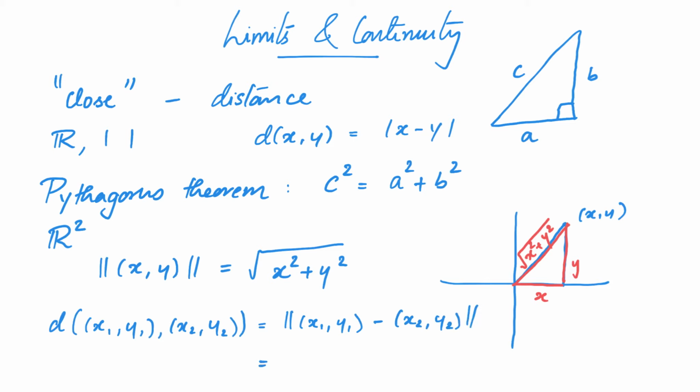This you can check is equal to square root of x1 minus x2 the whole square plus y1 minus y2 the whole square. Of course, many of you would already be familiar with this distance, and this distance is called the Euclidean distance.